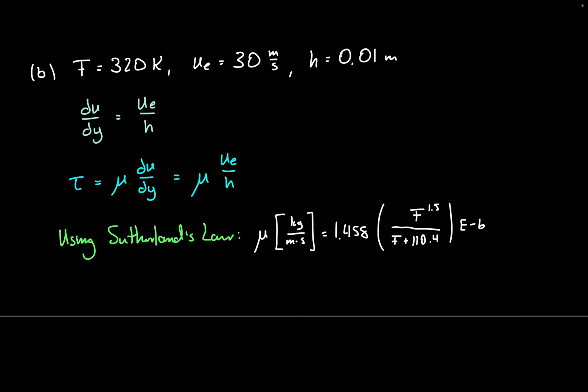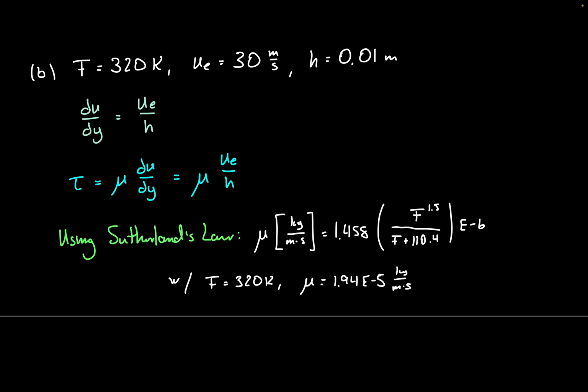So then what we can say is with T equal to 320 Kelvin, we should get a viscosity equal to 1.94 times 10 to the negative 5 kilogram per meter second.